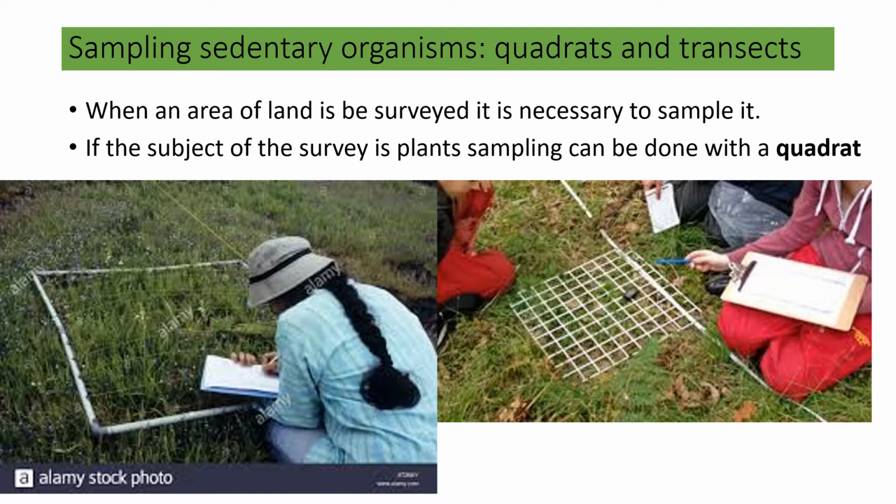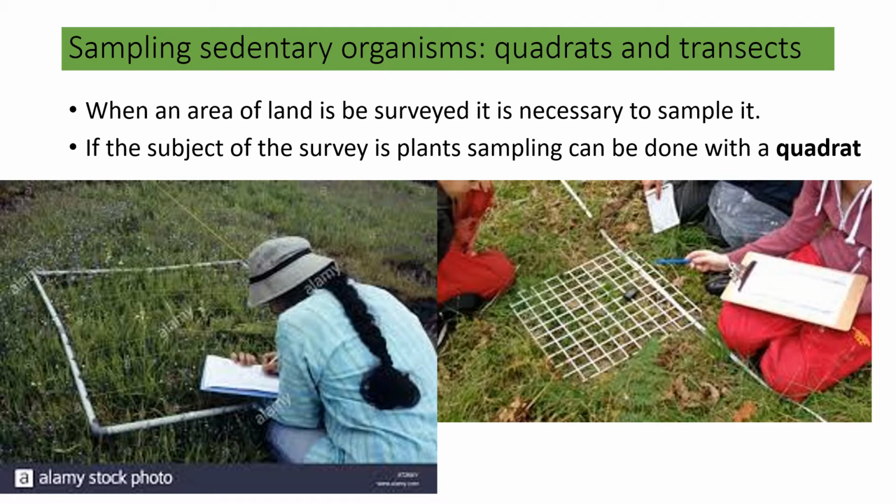Firstly, looking at sedentary plants and animals. If you're looking at plants, you use something called a quadrat. And these are pictures of quadrats. They're square frames of various sizes, but fixed sizes.